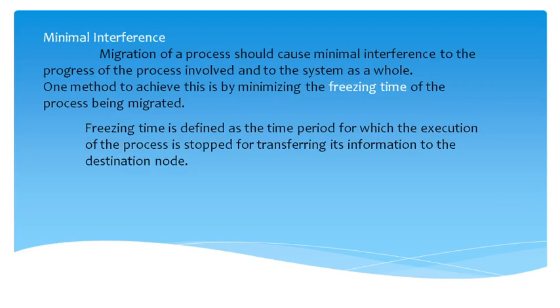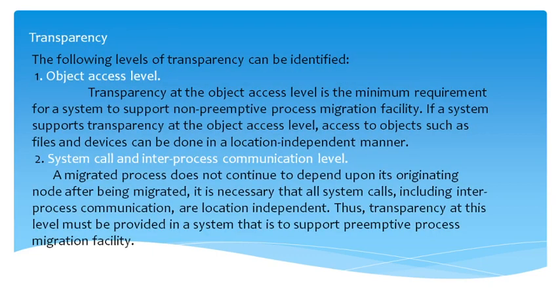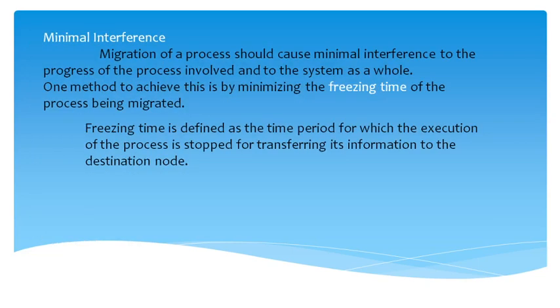This transparency of inter-process communication is also a desired feature for the transparent redirection of messages. So transparency is either object level or system call and inter-process communication.